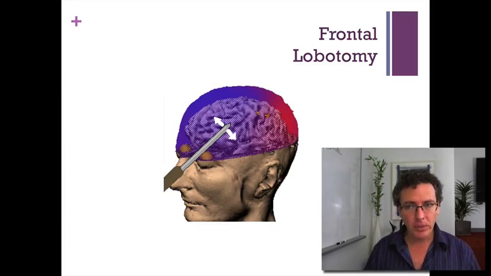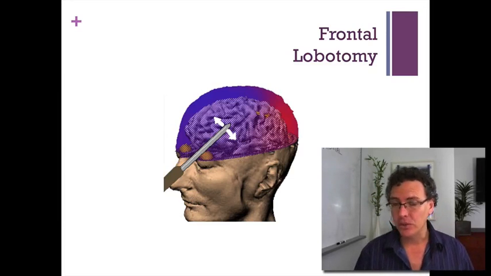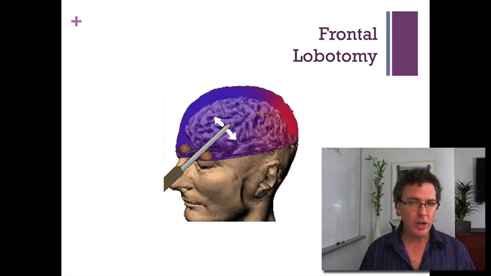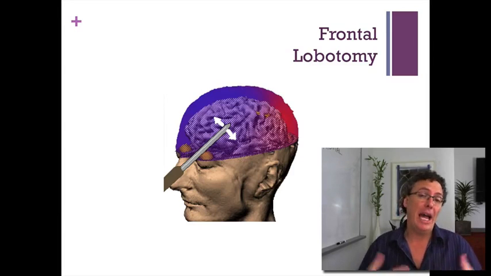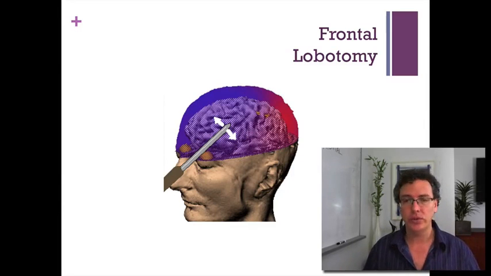Frontal lobotomies were popular as a psychological treatment before drugs became as prominent as they are today. So there was a time when you had a patient that was extremely violent. Imagine for a moment that your brother or your sister has these problems where they can't control their aggression.